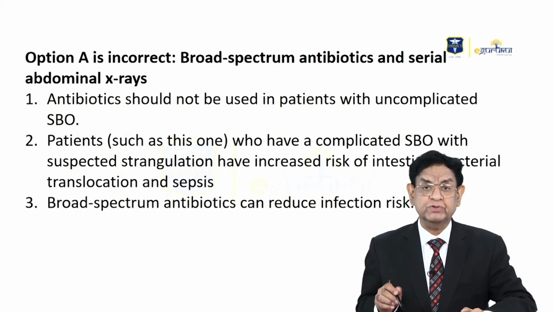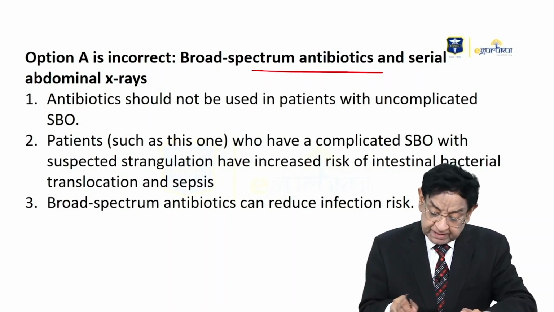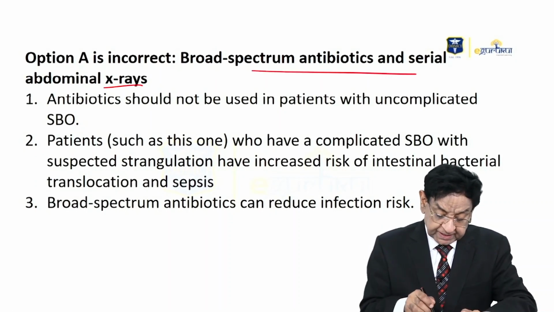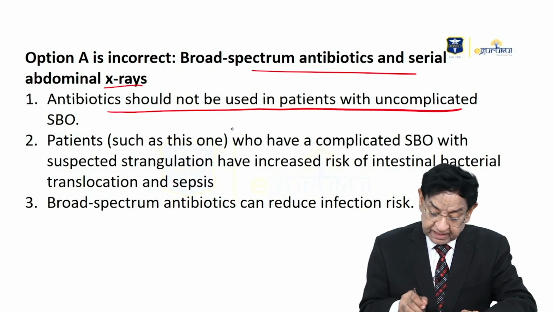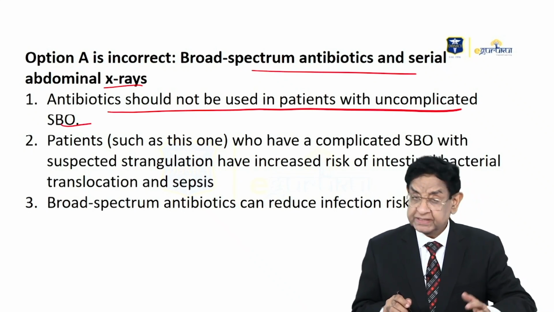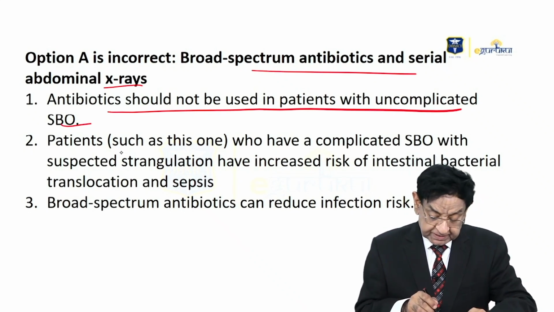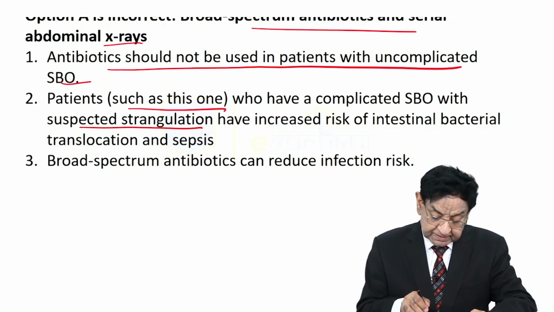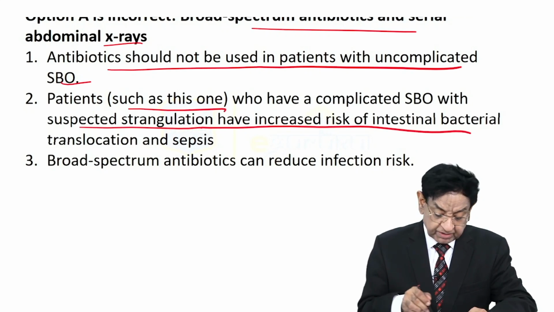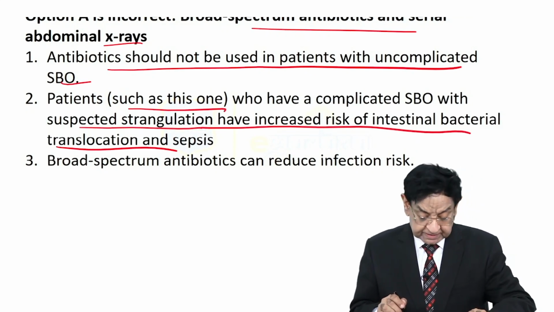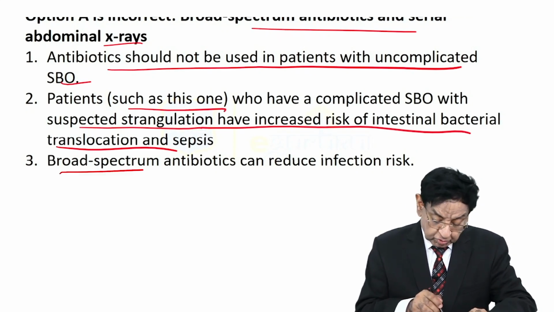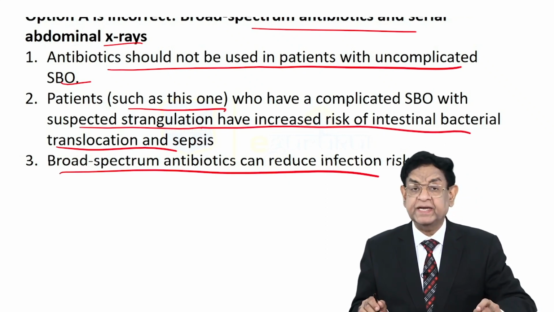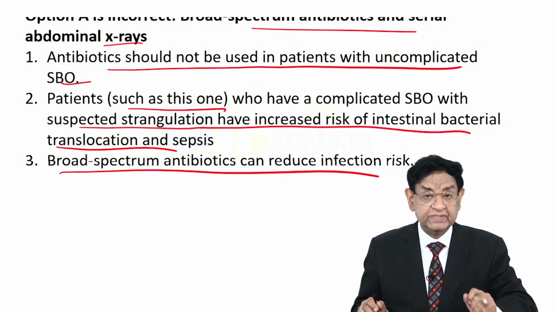Now let's look into the other options. Broad spectrum antibiotic and serial abdominal X-ray. Antibiotics should not be used in patients with uncomplicated SBO. There is no role. Patients such as this one, who has complicated SBO with suspected strangulation, have increased risk of bacterial translocation and sepsis. So we can use antibiotics, it can reduce infection, but this is not the first line treatment.